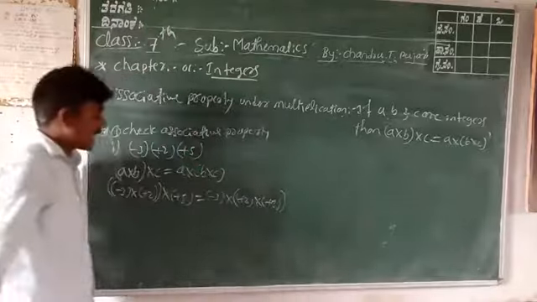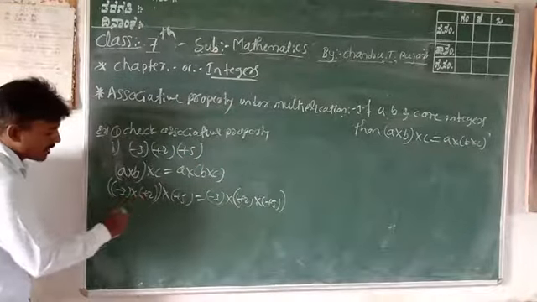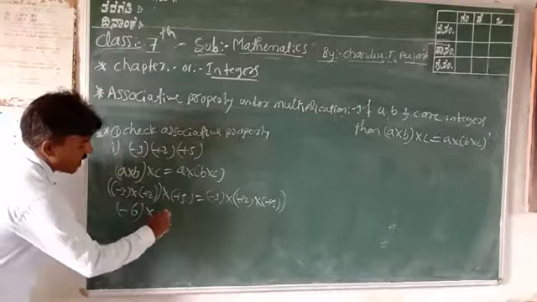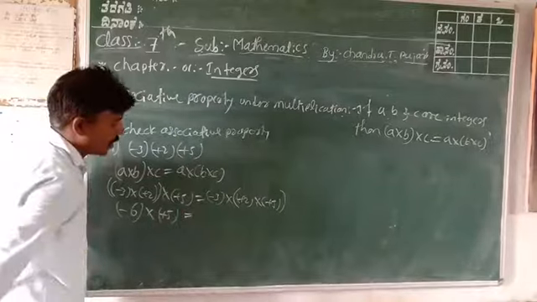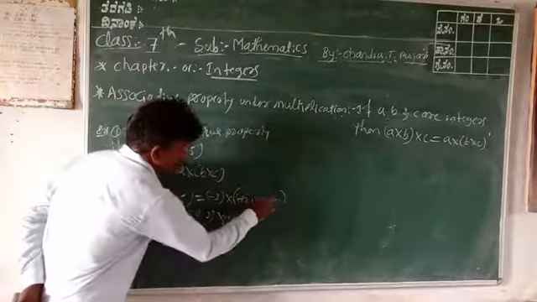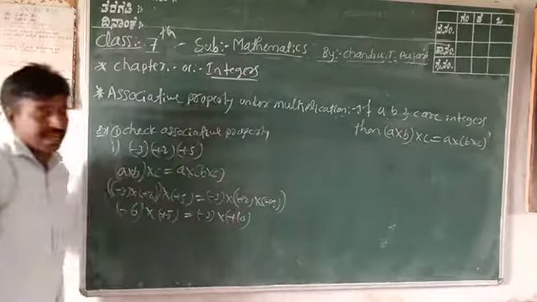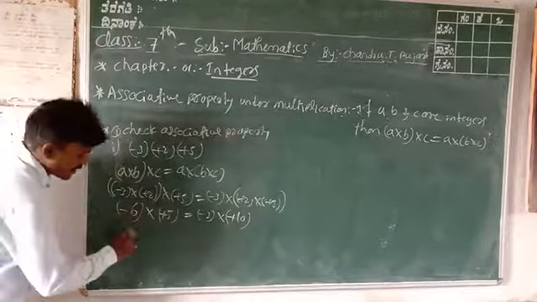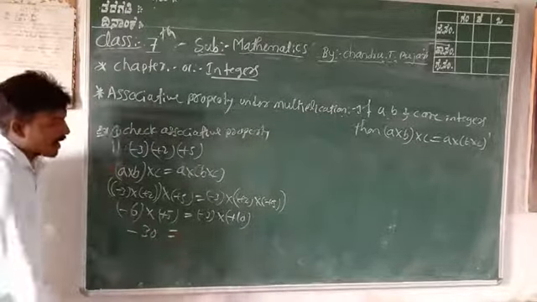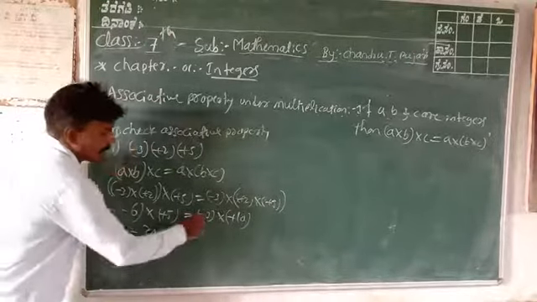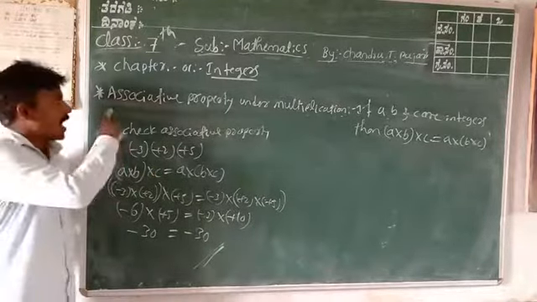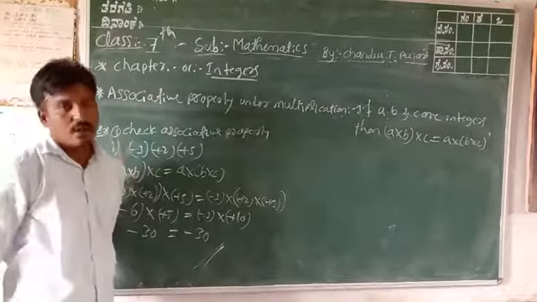Again multiplication: minus into plus is minus, 3 2s are 6, into plus 5 as it is. Therefore, it is equal to minus 3 as it is into plus, 2 5s are 10. Again multiplication: minus into plus is minus, 6 5s are 30, is equal to, again minus into plus is minus, 3 10s are 30. LHS is equal to RHS. Our associative property under multiplication also holds good.